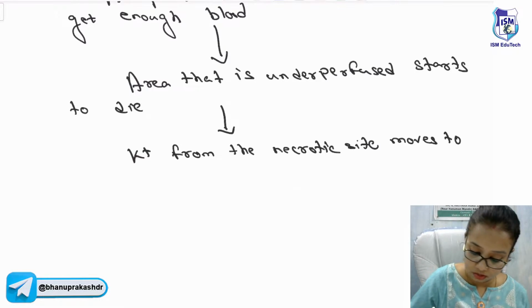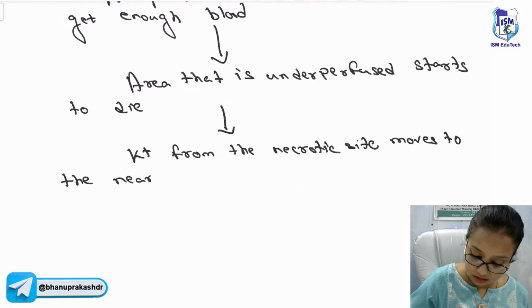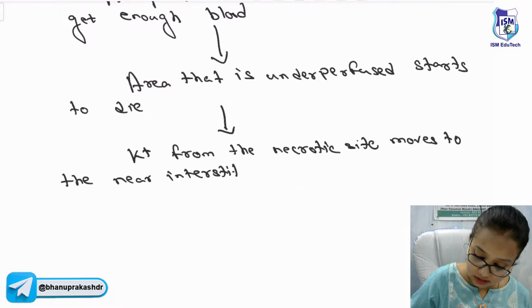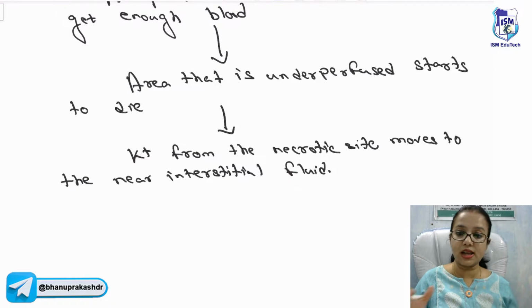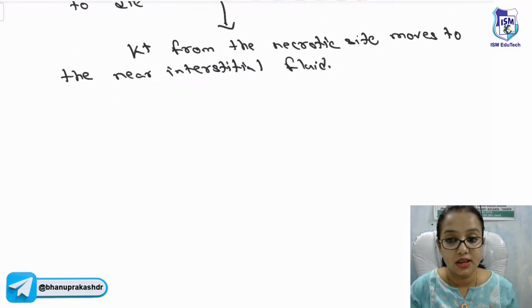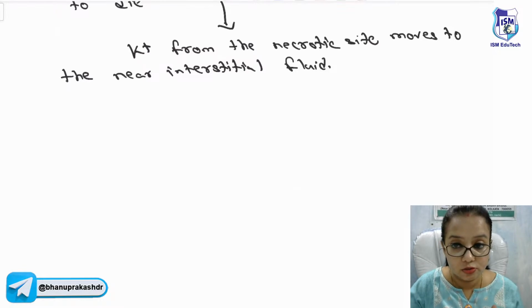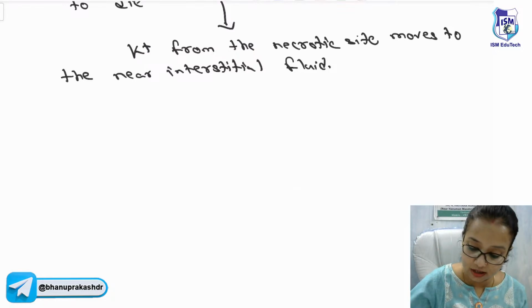moves to the nearby interstitial fluid. So there is accumulation over a period of time. There is accumulation of potassium in the nearby interstitial fluid surrounding the damaged area.